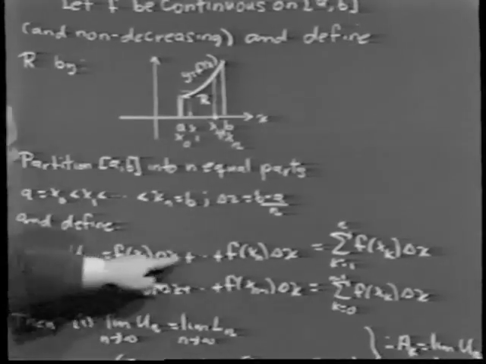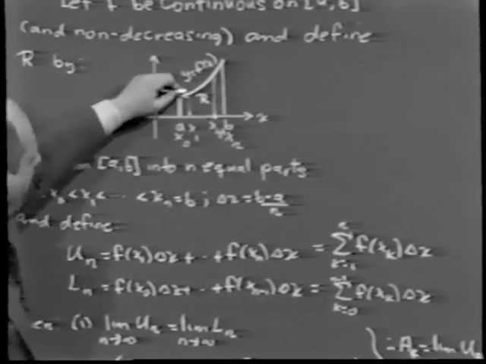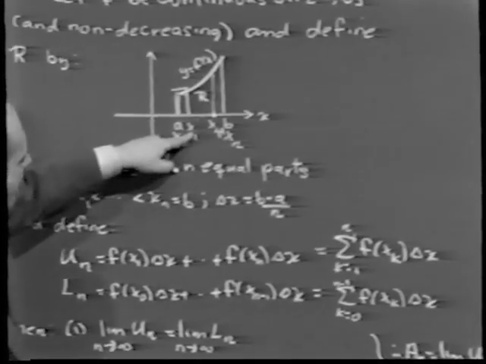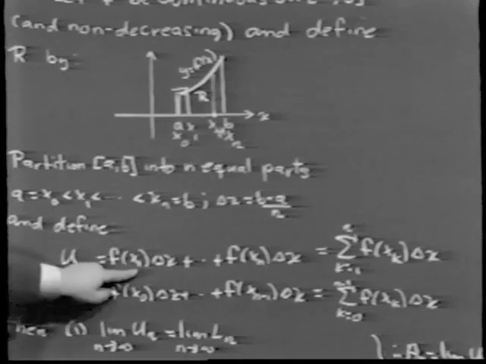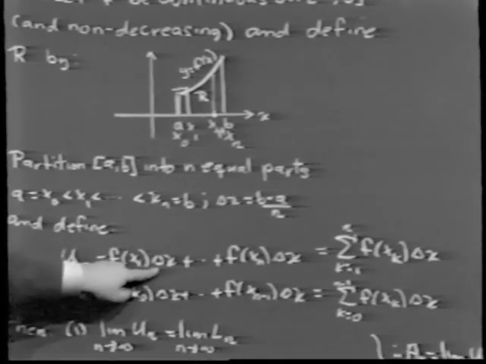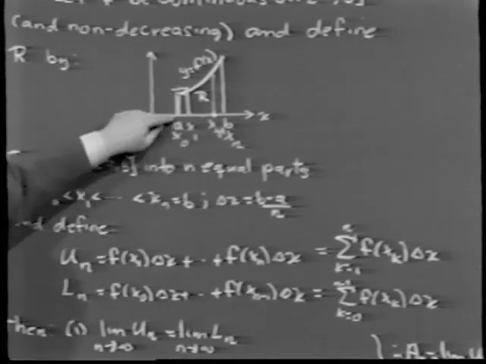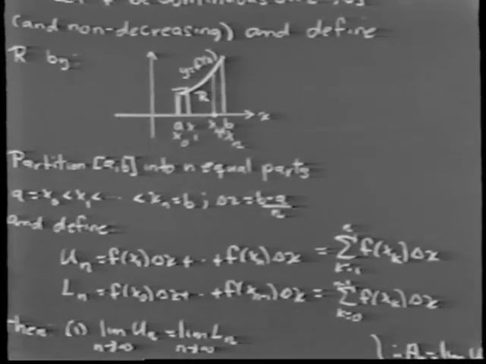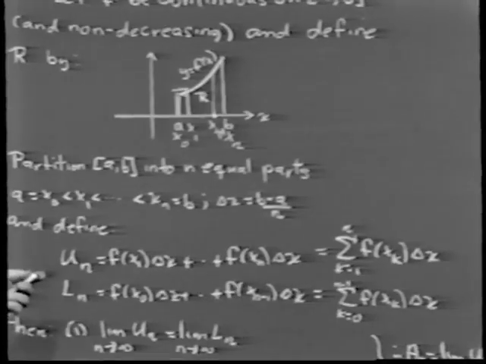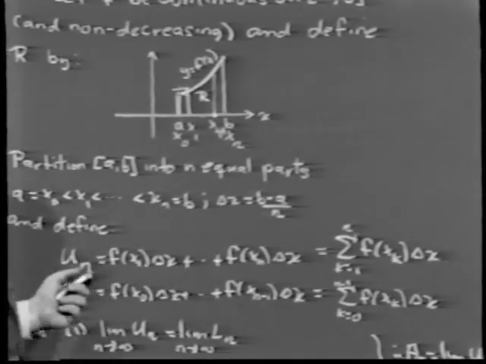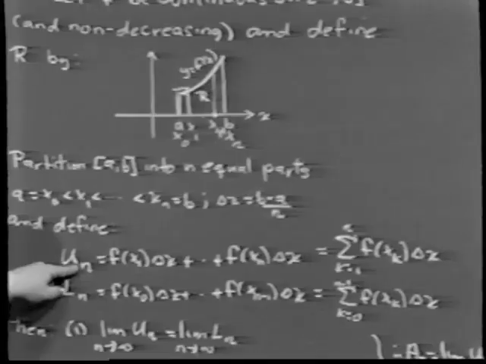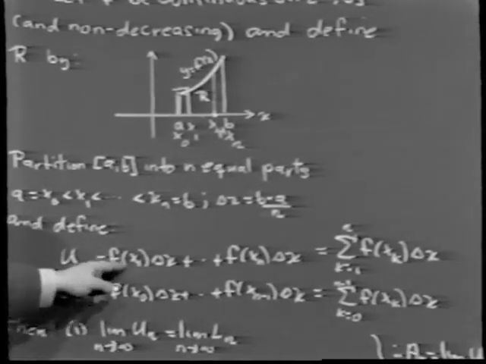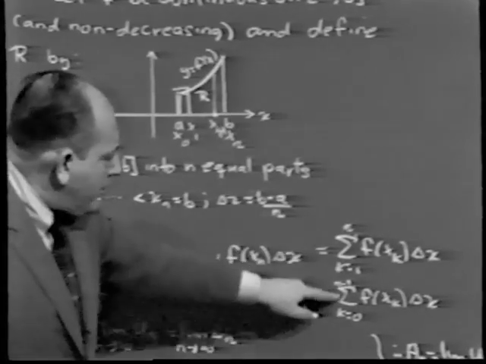Okay? U sub n is the same thing, only now your first rectangle has its height corresponding to x equals x1. Consequently, the height is f of x1. The base is delta x, where in each of these, delta x is just what? This total length, which is b minus a, divided into n equal parts. And to review the so-called sigma notation that we have in our course, in this section in the textbook, and we'll have exercises on this to make sure that you are familiar with this notation.